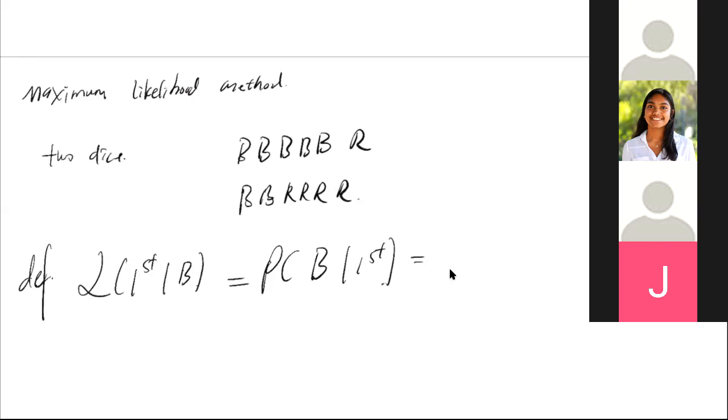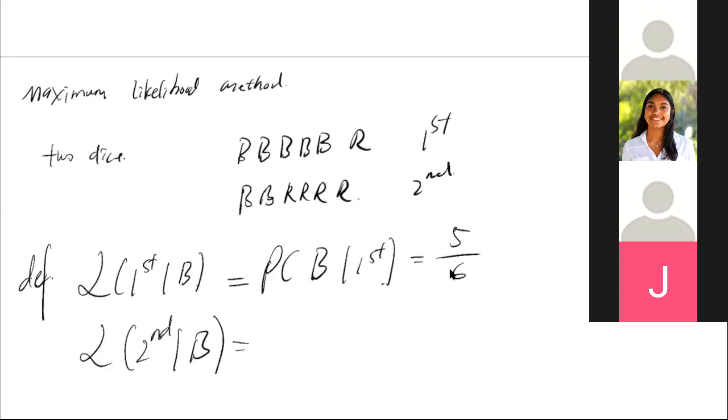So say this is the first die, this is the second die. Given this is the first die, the probability it is blue is 5/6. There's 5 chances out of 6. And the likelihood of the second die, given that the die shows blue, is defined to be the probability of blue given the second die, which is 2/6.